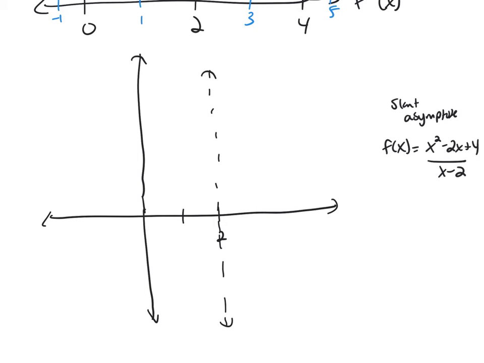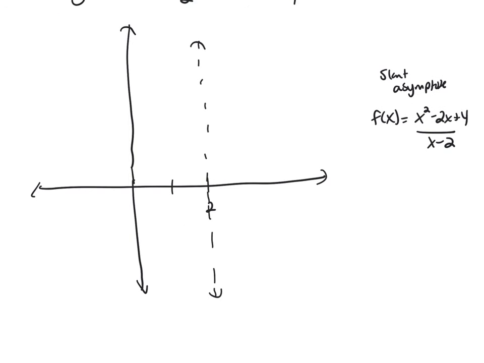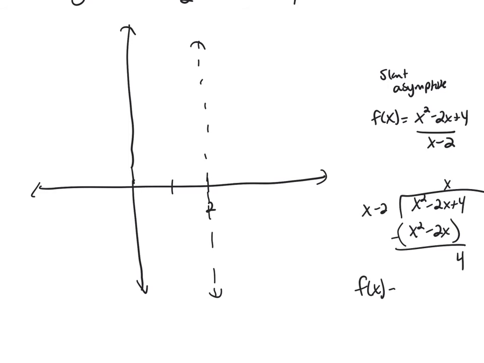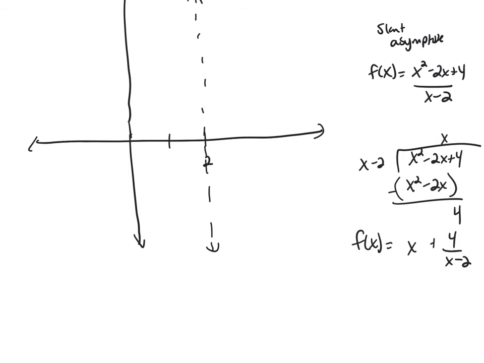So to figure out your slant asymptote, you have to divide those polynomials. So here you multiply by x, and then my remainder will be 4. So my function is really x plus 4 over x minus 2. So this part right here without the fraction gives us our slant asymptote. So our slant asymptote is y equals x.